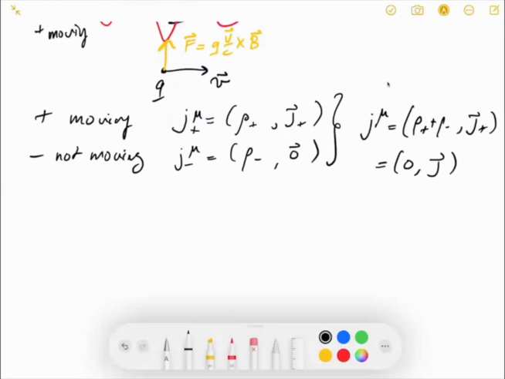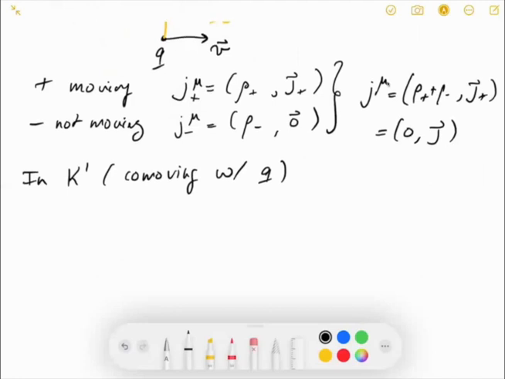in K prime, which is co-moving with the charged particle Q, we have to transform that to a J mu.